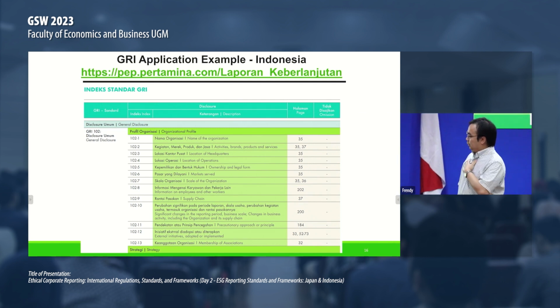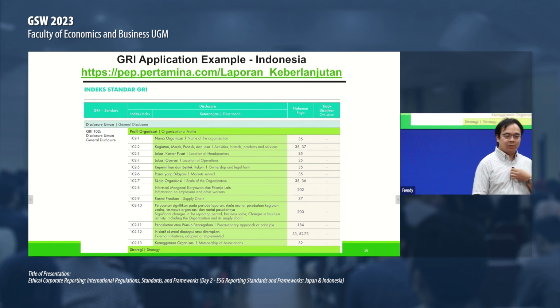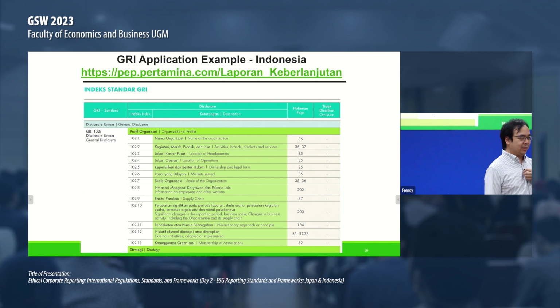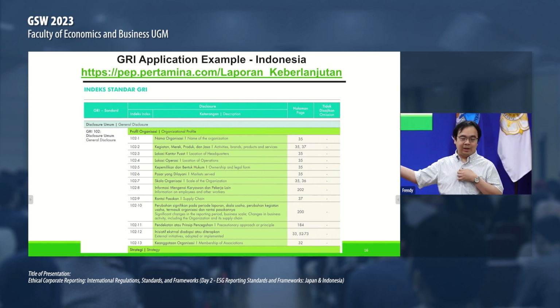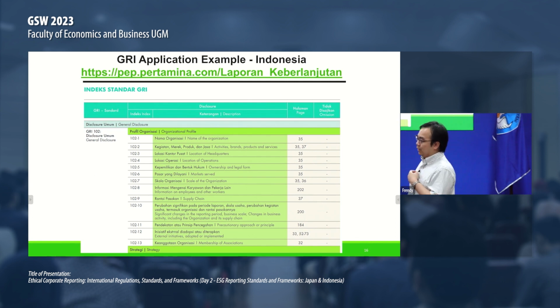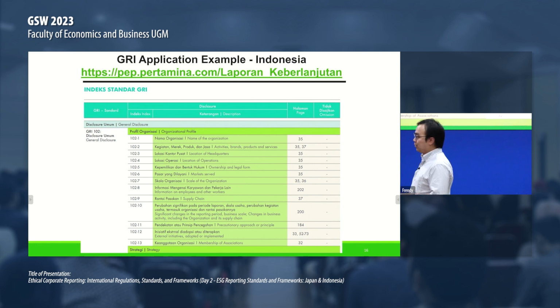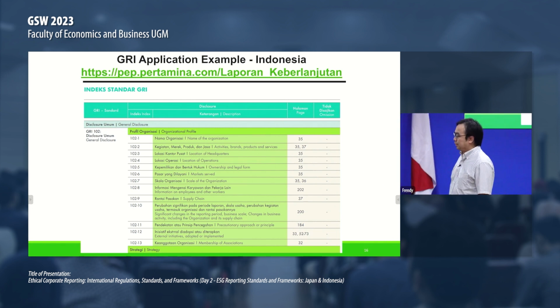And the second example. What company is this? Right, it's a state-owned enterprise. Indonesia's one of the largest state-owned enterprises that operates in the oil and gas industry. So they also publish their sustainability report using the GRI standards.